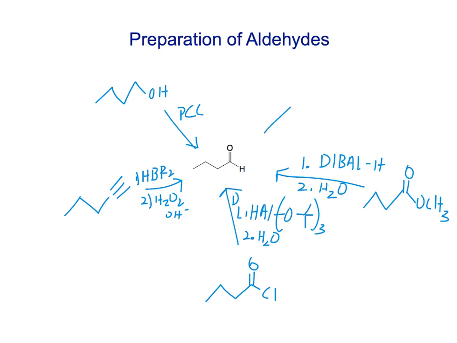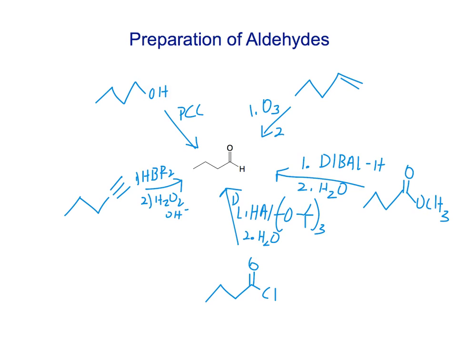An alkene. That is correct. So how can we convert that alkene into the aldehyde? This is the ozonolysis reaction.